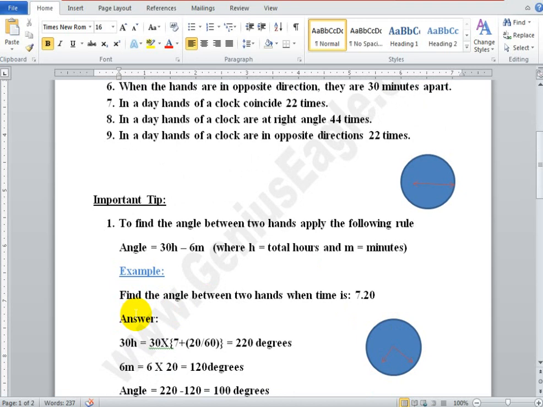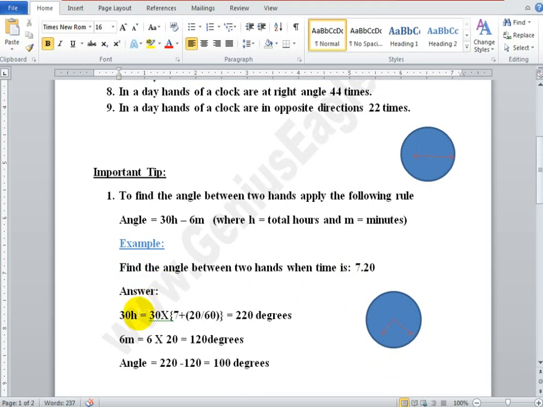In order to understand the concept, you can consider this example. Find the angle between two hands when the time is 7:20. Answer should be 30h minus 6m. 30h is equal to 30 multiply h.